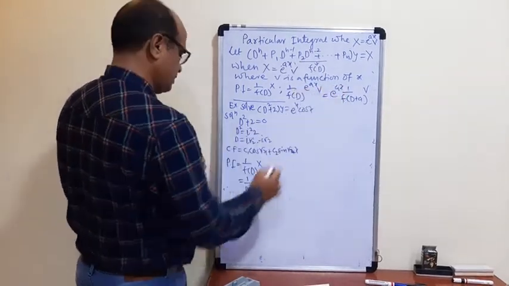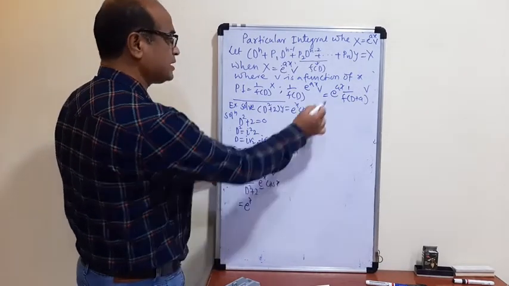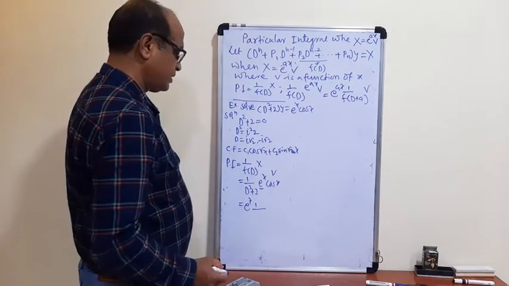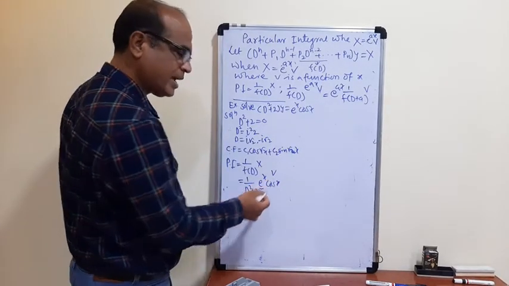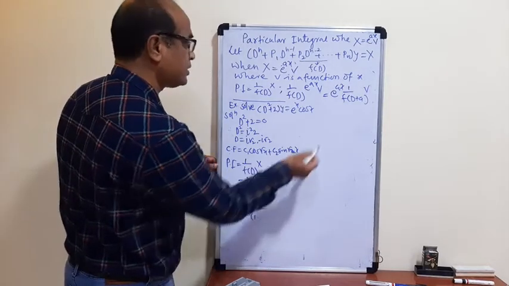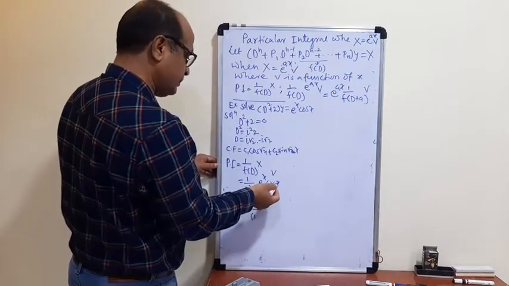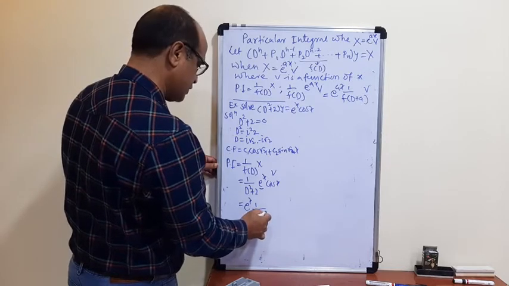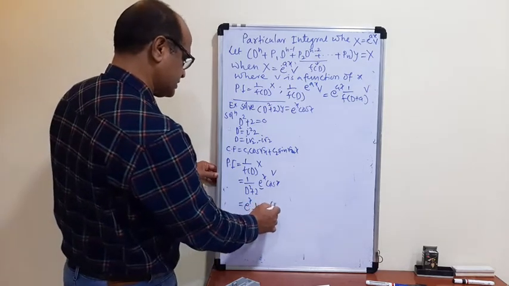By using this formula, this can be written as eˣ times 1/((D + a)² + 2) cos x, where a is the coefficient of x, so a is 1. Replacing D with D + 1, we get eˣ 1/((D + 1)² + 2) cos x.